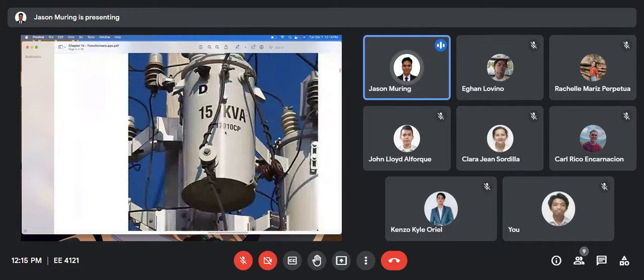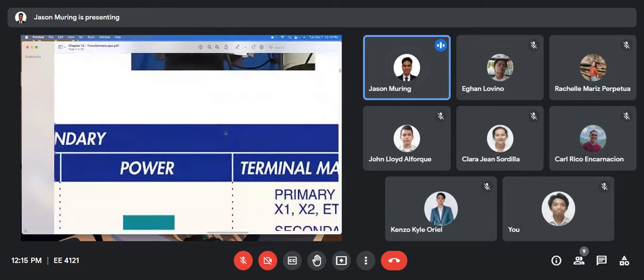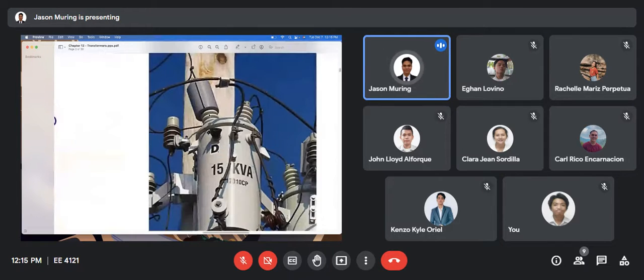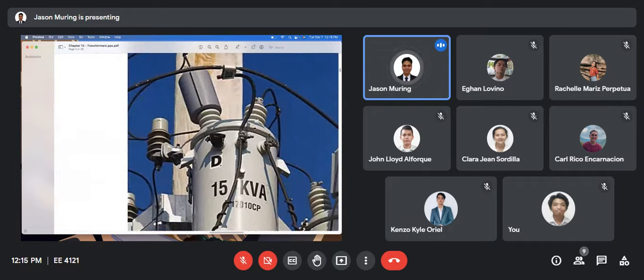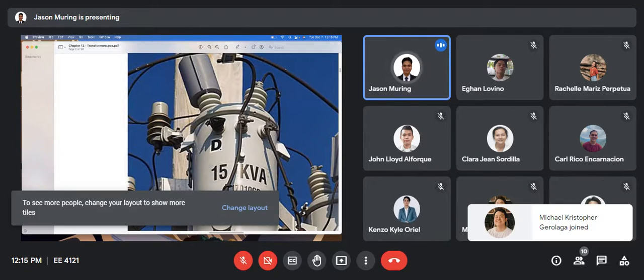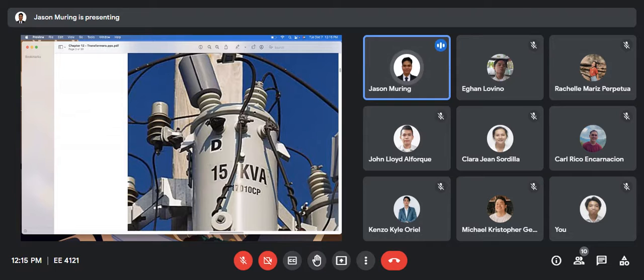Then also, by just looking at these terminals, we can already identify what kind of connection this transformer has, whether it's additive or subtractive. Let's say for example this is H1, because usually on the left side they have the start, so this is H1 and this is H2.